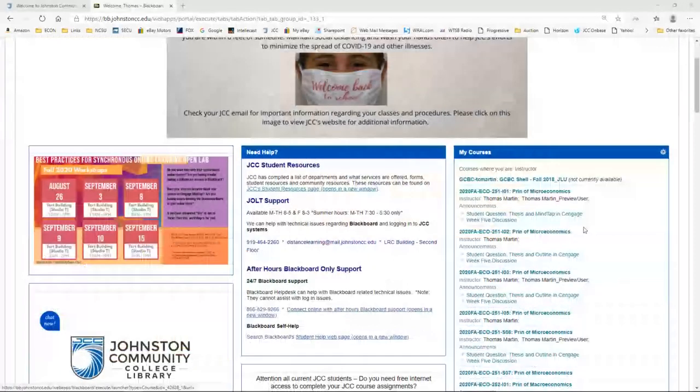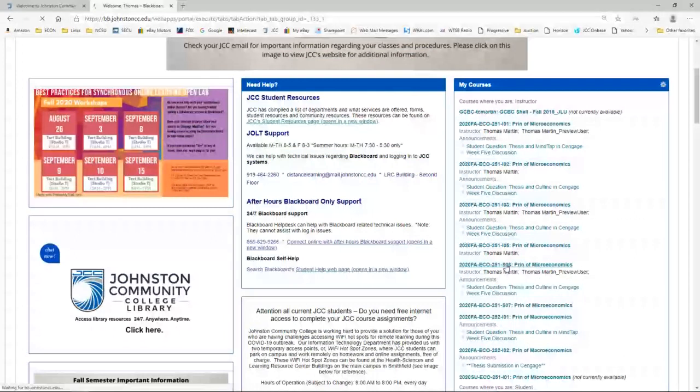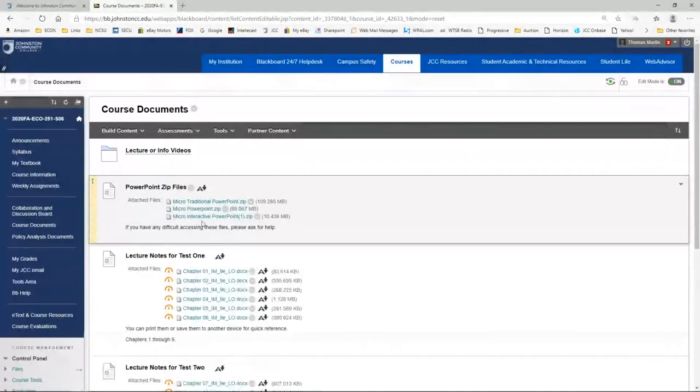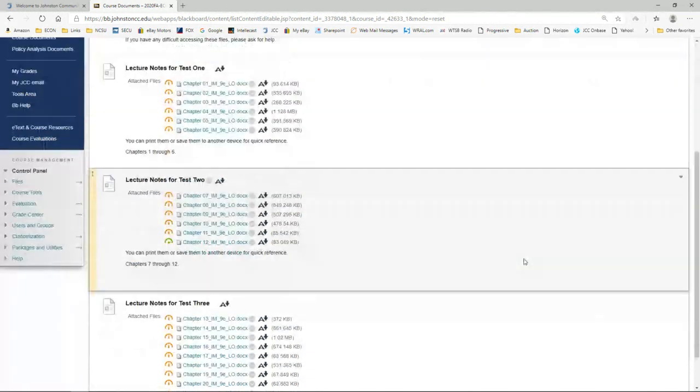I'm going back to SO6 class. If you go to course documents, you can see there's the interactive, the micro. The smallest one is most likely going to be the one with the exhibits.